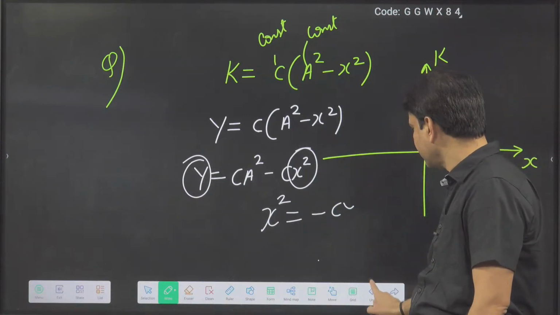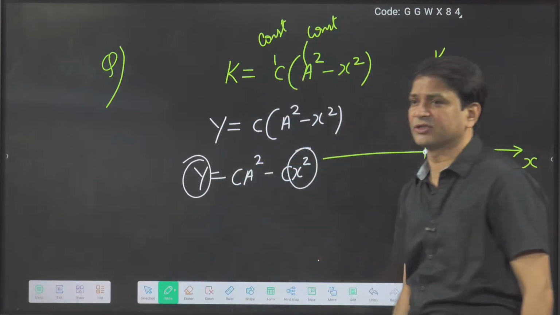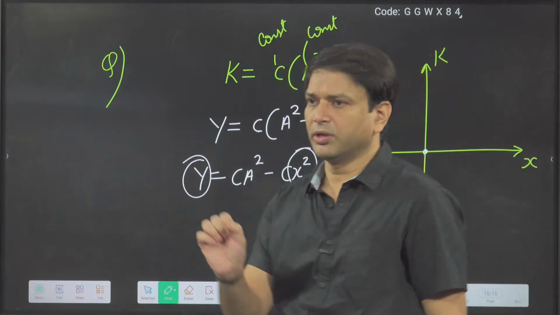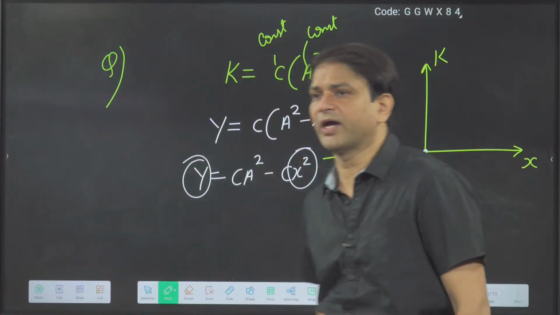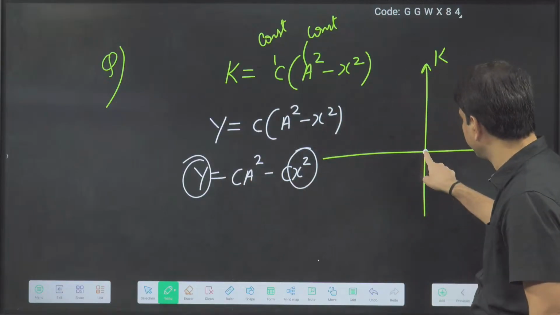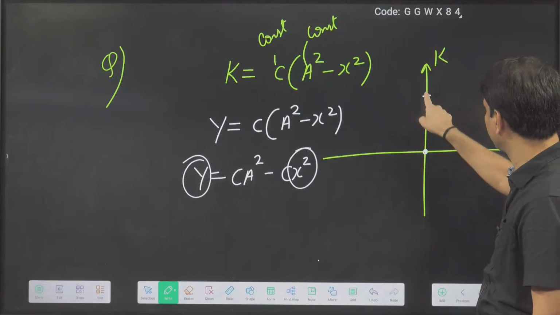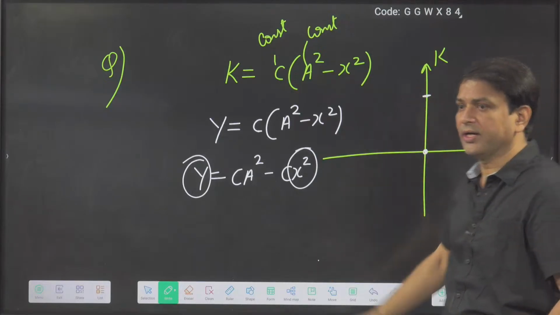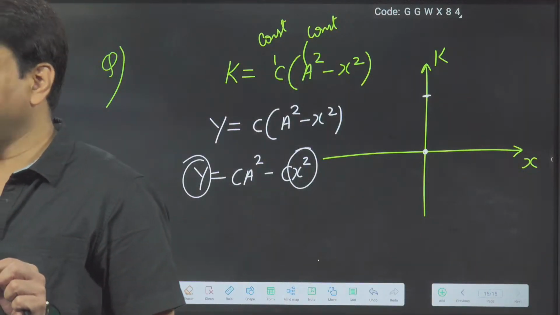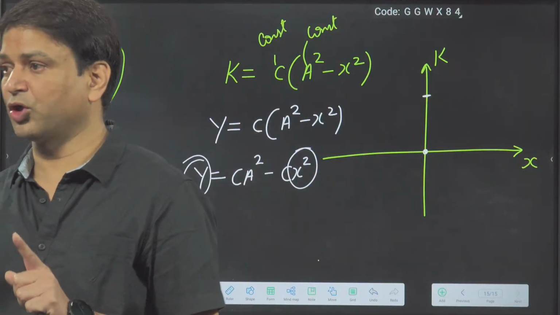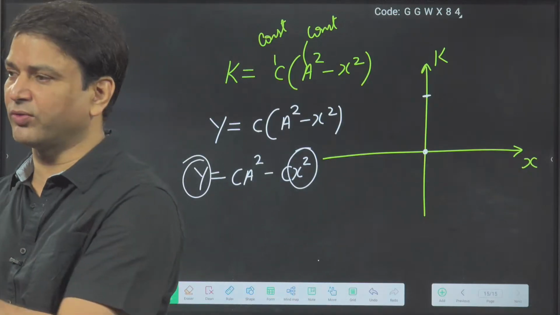But we have one constant term also, ca square. For this what I will do, if I am putting x is equal to 0, then what is the y value I will get? I will get ca square, means x is equal to 0, y is equal to ca square. So this point, when x is equal to 0, y is equal to ca square. Now minus cx square is there. It means shape will be downward, because x square is equal to minus cy, one side plus, one side minus.